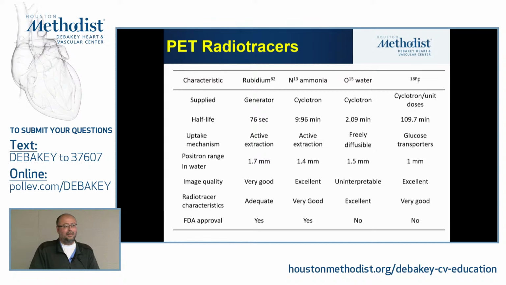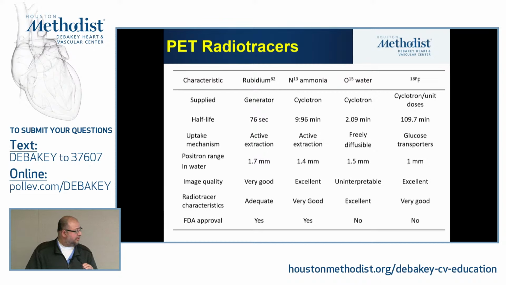With ammonia you can potentially do it, but it's not done because of logistics that may be a little bit challenging. Other than that, image quality with rubidium is a little bit inferior. But if you have a newer system, you get better image quality compared to, for example, an older system.